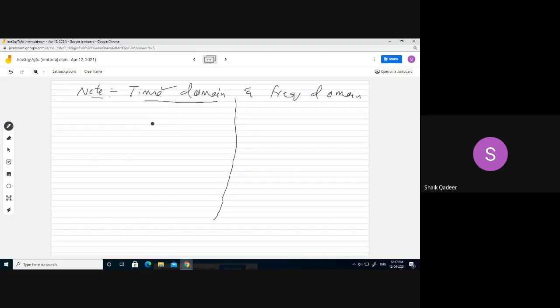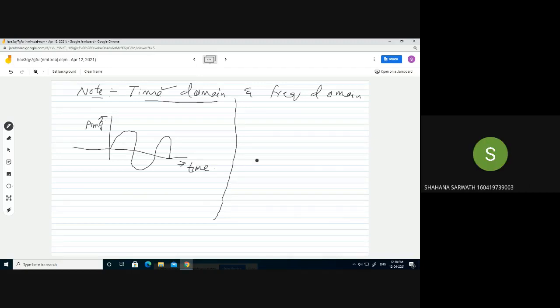To understand this more easily, let us see the example of a picture in which the x-axis is time and the y-axis is some amplitude. I am taking the example of a sinusoidal signal. This is called time domain. What we are observing in time domain is the variation of amplitude with respect to time. Is it clear to everybody?